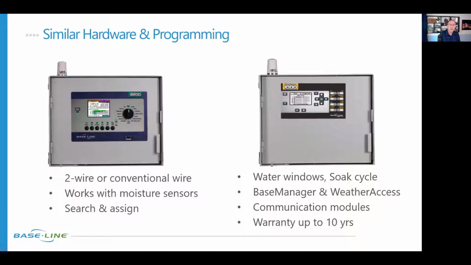Both the Basestation 3200 and the Basestation 1000, we can run Base Manager and weather access and mobile access. The communication modules, whether it's the cell modem or Ethernet or whatever your communication method is, are identical in them. And then the one that Andy and I really kind of remembered was that the warranty is exactly the same.